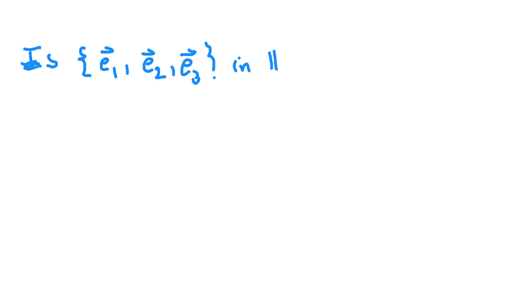Let's say you had this set of vectors, E1, E2, and E3. Is that set of vectors linearly independent?